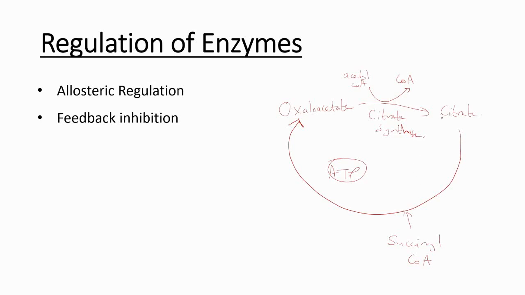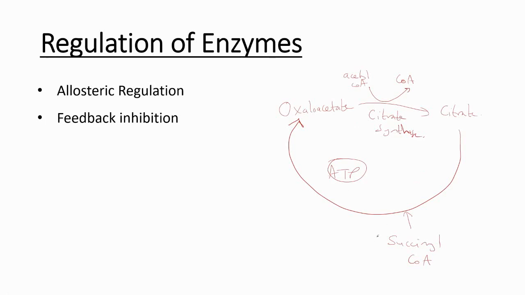And so it's not very useful to accumulate citrate. It's a waste of energy in the cell. So what happens is accumulation of citrate will inhibit citrate synthase by binding to the active site and preventing oxaloacetate from binding: competitive inhibition. Succinyl-CoA also works in a similar way. It binds to the active site of citrate synthase and prevents acetyl-CoA from binding.